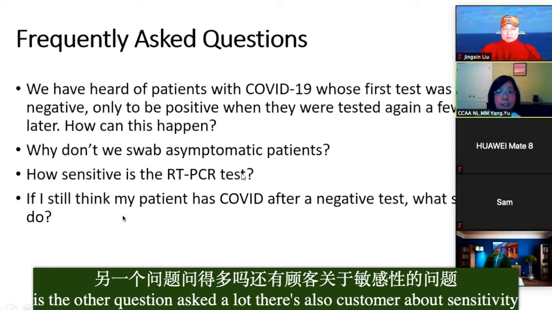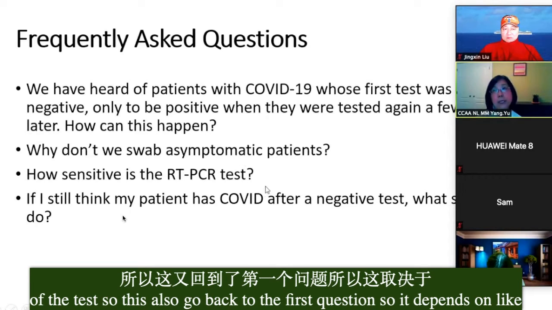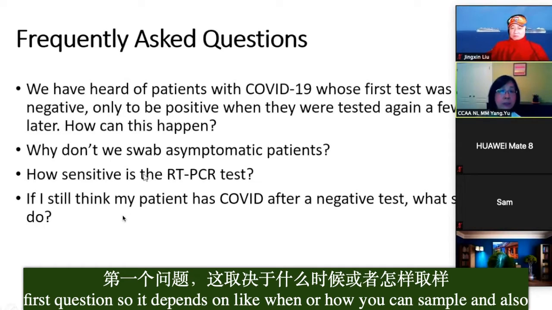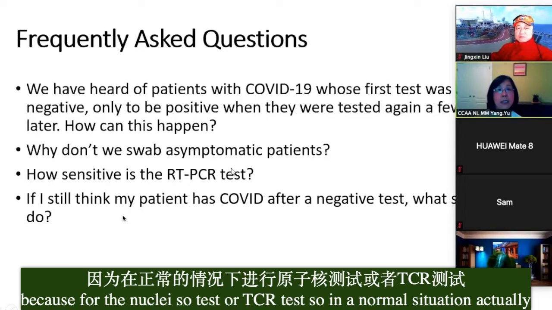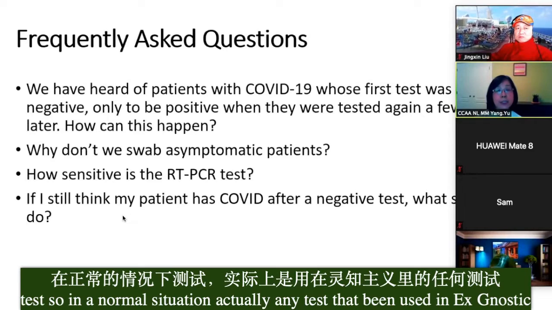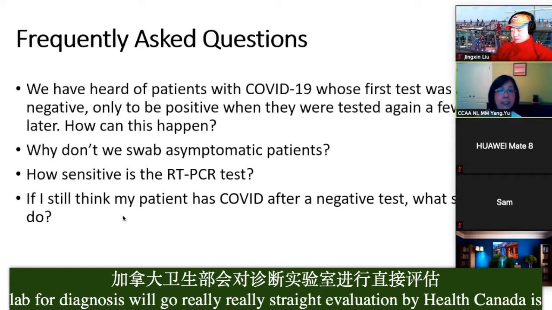Then there's also a question about the sensitivity of the test. This goes back to the first question: it depends on when or how you collect the sample. Also, for the nucleic acid or PCR test, in a normal situation, any test used in a diagnostic lab for diagnosis goes through a really strict evaluation by Health Canada.